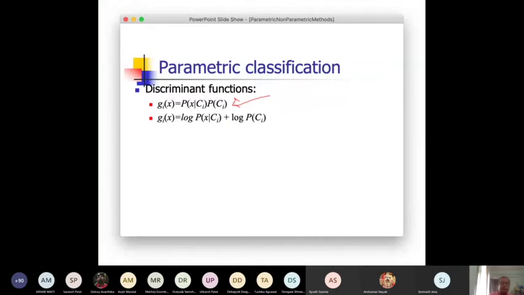Since you are maximizing the g_i(x) over the classes, the same implications hold in the log space. The class which gives you the maximum value of the discriminant function will also give you the maximum value in its logarithmic space. We'll see the computational advantage of this conversion later.